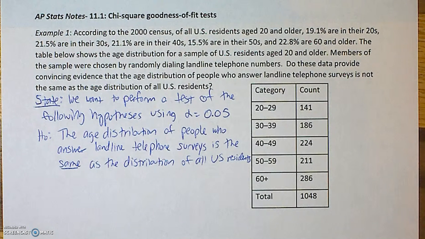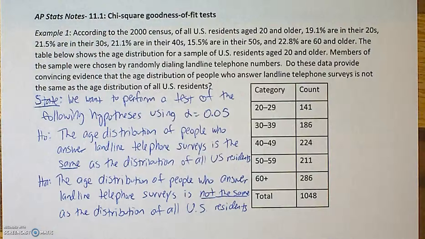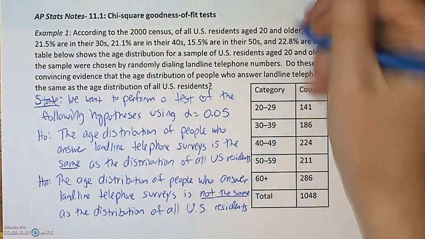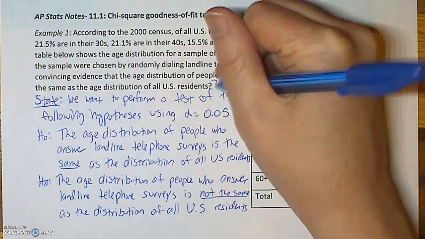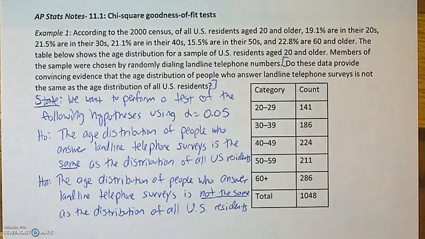So essentially the exact same thing we just wrote, but instead of saying it is the same, we're going to say that it's not the same. Our alternative is that the age distribution of people who answer landline telephone surveys is not the same as the distribution of all U.S. residents. Okay? And I gathered that from my question up here. Do the data provide convincing evidence that the distribution of people who answer landlines is not the same? So that's my alternative. That's what we're going to be testing here.